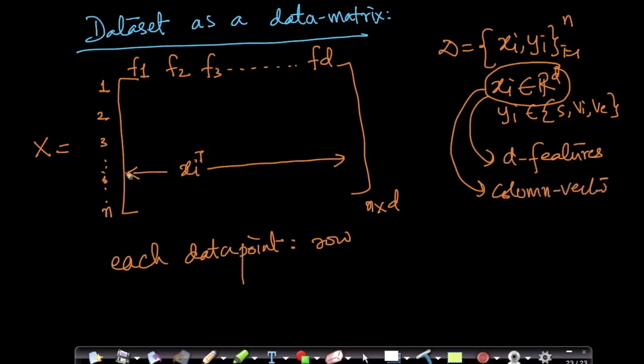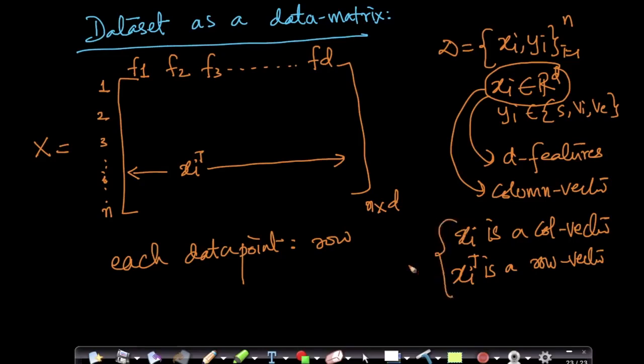So xi transpose becomes a row vector, which means swapping, converting rows to columns and columns to rows. So xi transpose is now a row vector in d-dimensional space. Each row here corresponds to one data point. Each column corresponds to one feature. So fj is my jth feature, right?